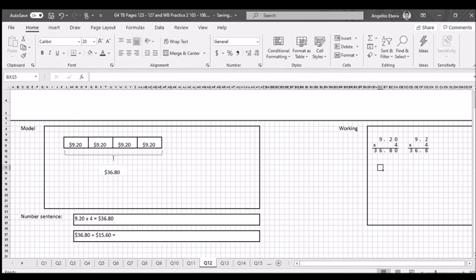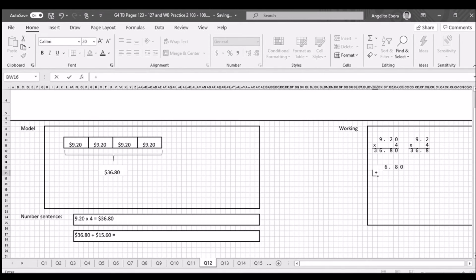Okay, let's do the working. So $36.80 plus $15.60. Okay, so 0, 8 plus 4, 8 plus 6 is 14, regroup, 1 here, so 7 plus 5 is 12, regroup, so 5, then the decimal point, so $52.40.